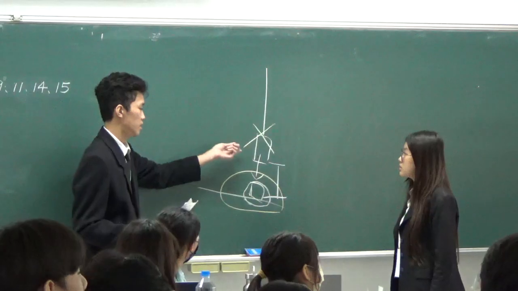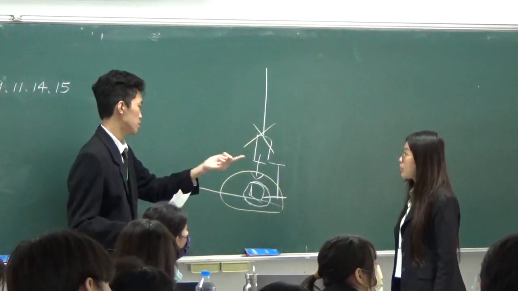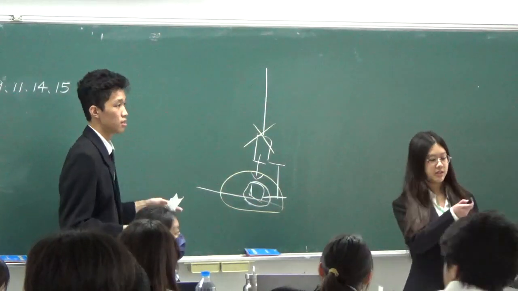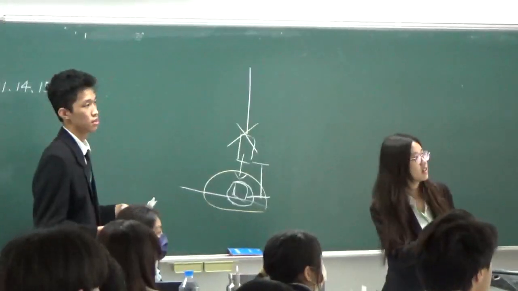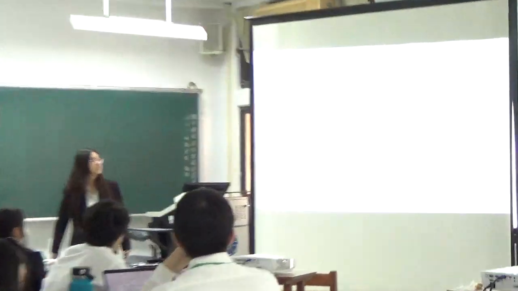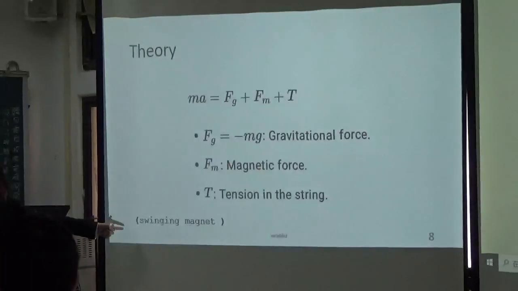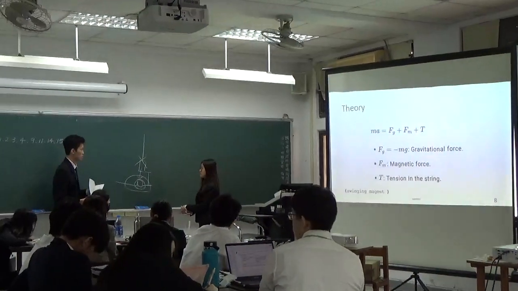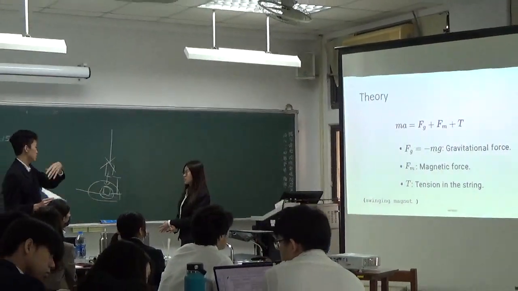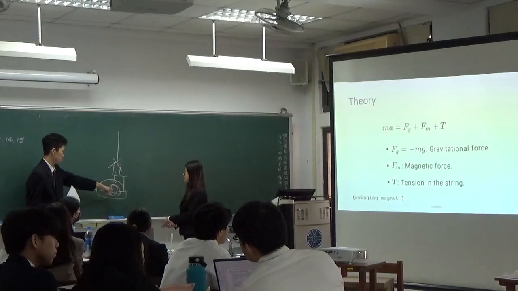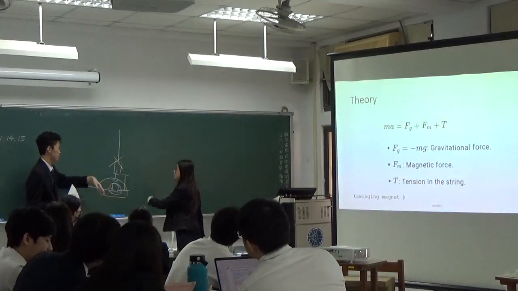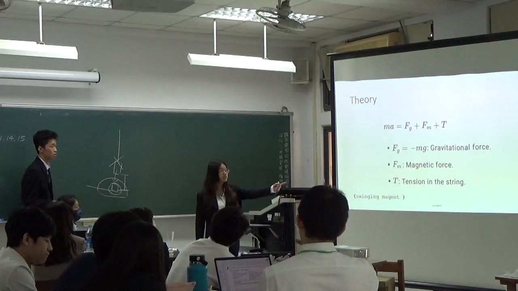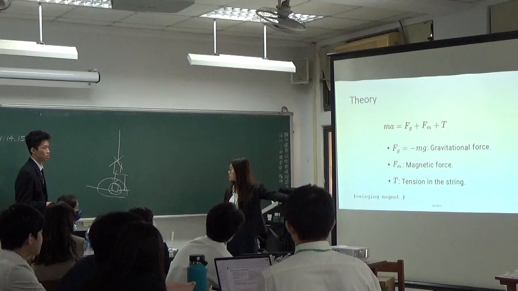And Ma equals the force of the magnetic field and gravitational force, right? And I just talk about the swinging magnets only, so the base doesn't impact this. So you mean this equation does not include this one? Yes. So how come there's a magnetic force on this one? I just want to talk about the acceleration.